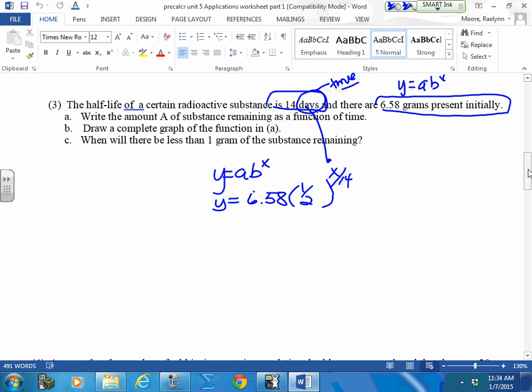Now, if you think about it, at the 0, you started with 6.58 grams of this radioactive substance. After 14 days, you were exactly half. So if you take half of this, you have 3.29 grams, exactly half. Another 14 days goes by, you have exactly half of this.